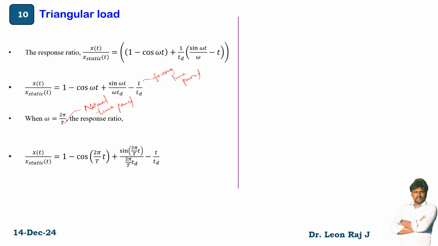So x of t divided by x static equals 1 minus cos.